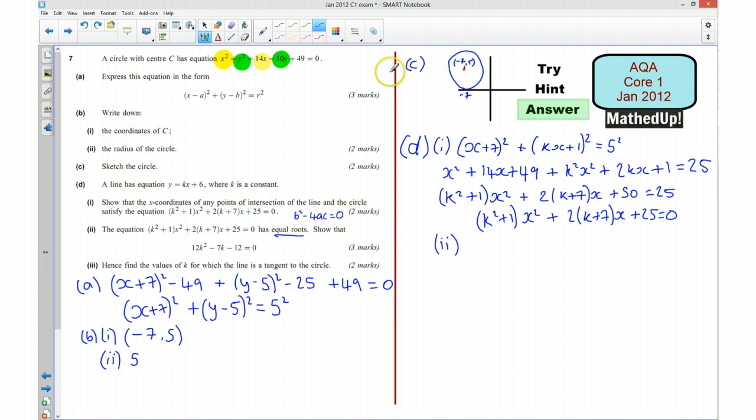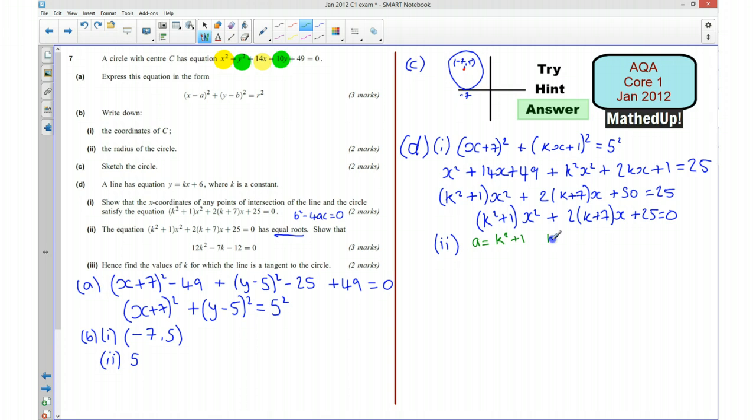So I'm just going to start by writing down what my values of a, b and c are. a is going to be k squared plus 1, the coefficient of my x squared.